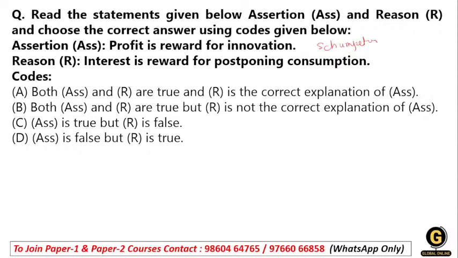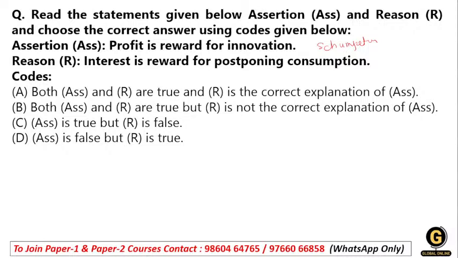Now the reason is given: interest is a reward for postponing consumption. Here you can see these two statements do not match each other. So first, we are sure that R is not a correct explanation of A. But now, the second statement R: is R correct or not?